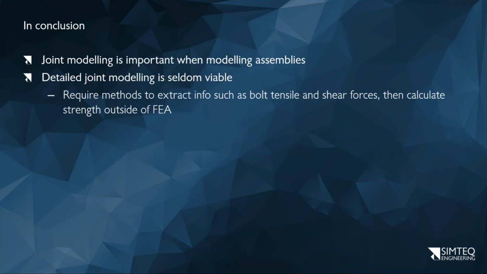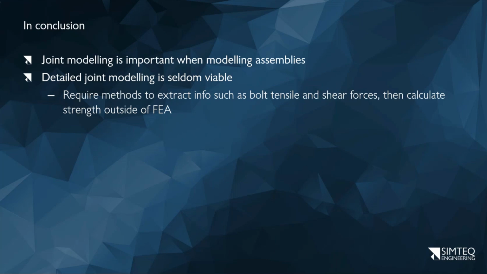We seldom have the freedom to model a joint in a lot of detail, so we'll tend to simplify as much as possible. But we need a method to get all the info we need to be able to extract and calculate after the fact whether the bolt or a rivet or a weld will fail.